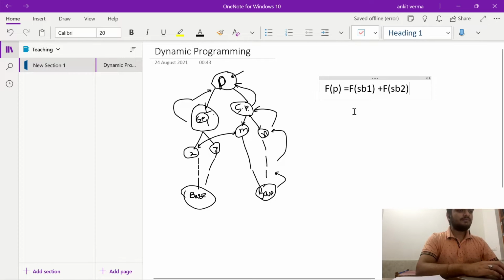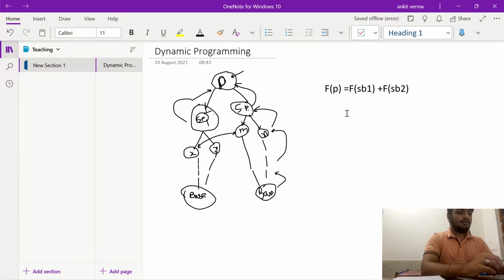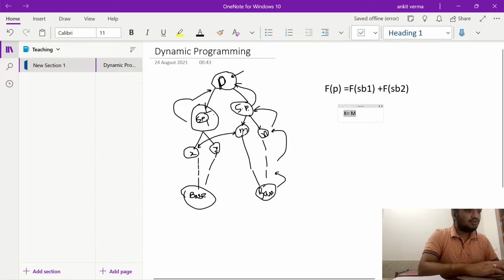If we find some subproblems are the same, like subproblem x is equal to subproblem m, then we have to solve only one now. But in recursion, we have to solve both cases. But if we solve this only, then why do we need to solve this?